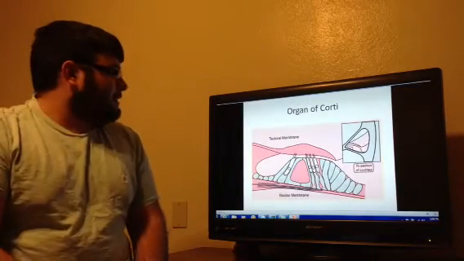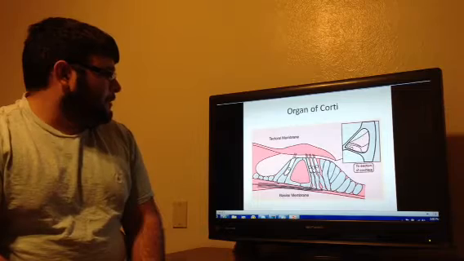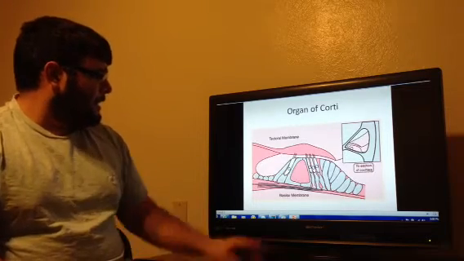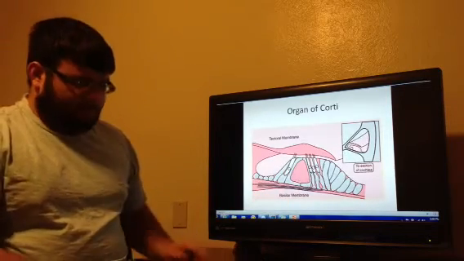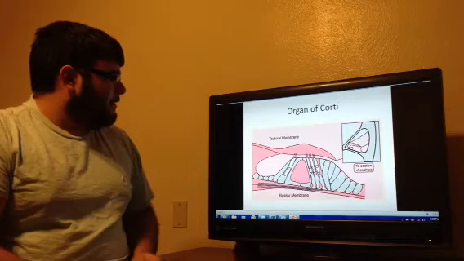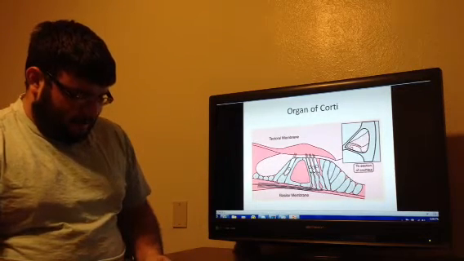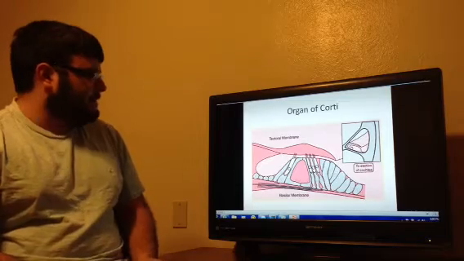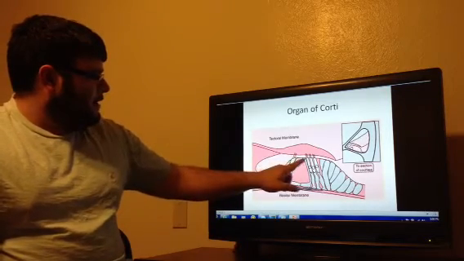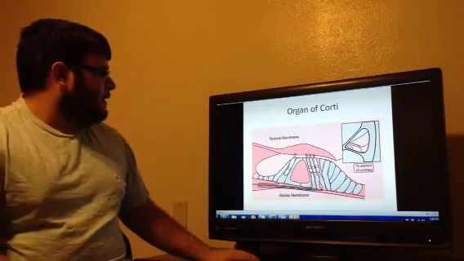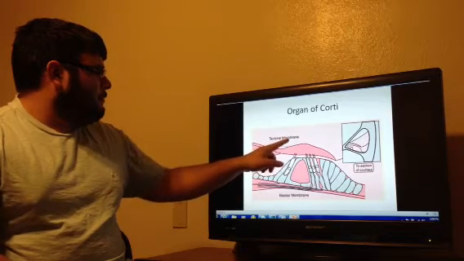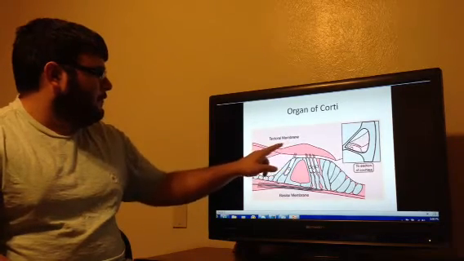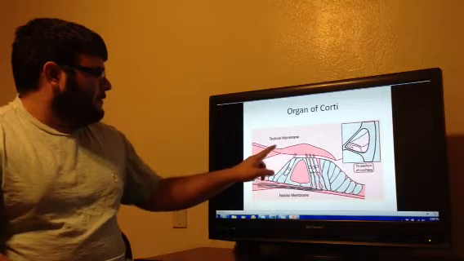Here is a closer view of the organ of Corti. The organ of Corti has inner hair cells and outer hair cells, as you can see right here and right here. And the tectorial membrane is what is over the organ of Corti.